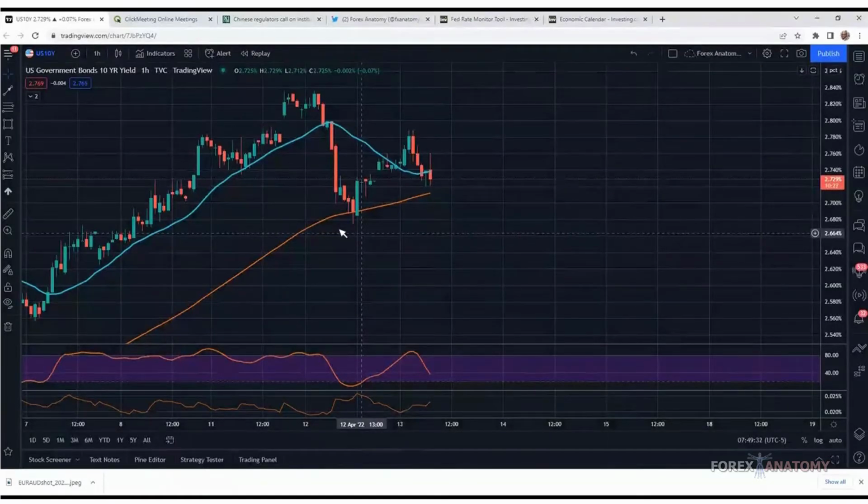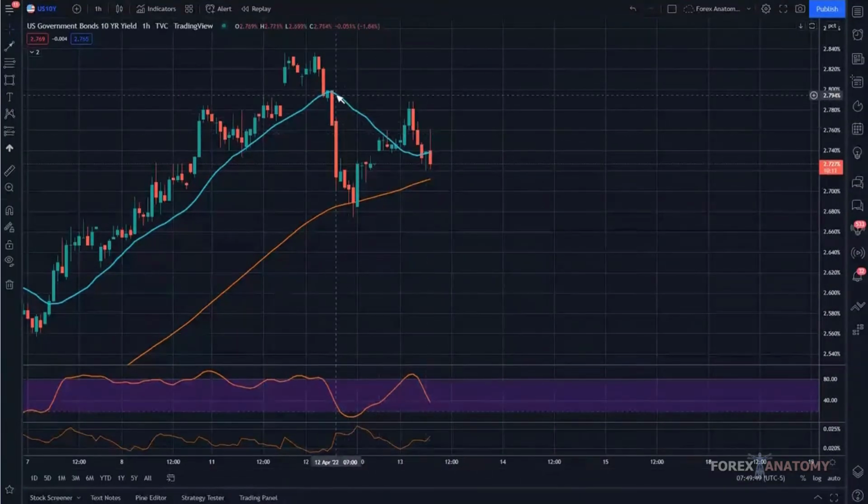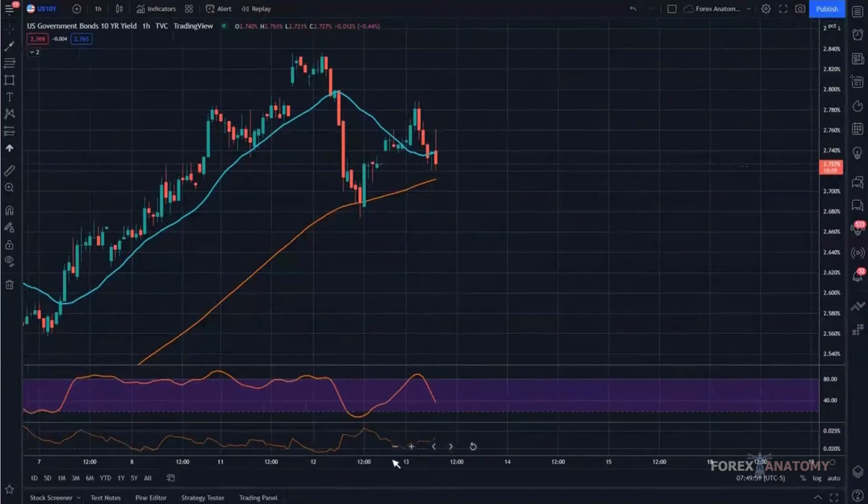This is going to be a lot to cover, but what has really been concerning markets is the rising real yields. Right now we're looking at the 10 year nominal yields.